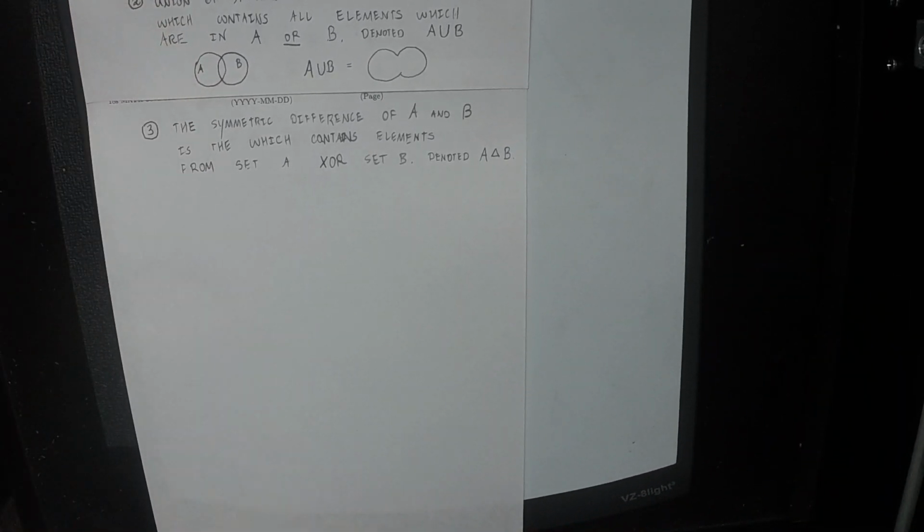It's called symmetric difference because A symmetric difference B is the same as B symmetric difference A. That is in contrast to subtraction, where A subtract B is almost always not B subtract A. So like 3 subtract 5 is -2, but 5 subtract 3 is +2.